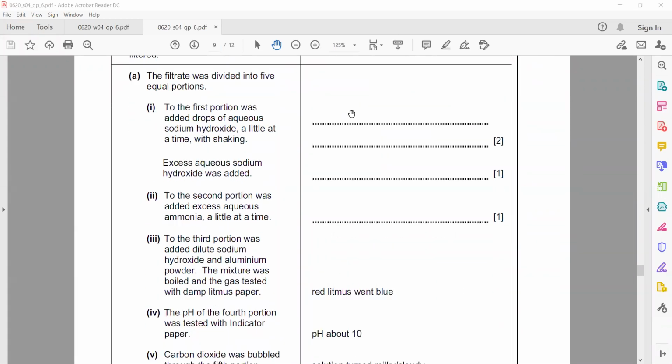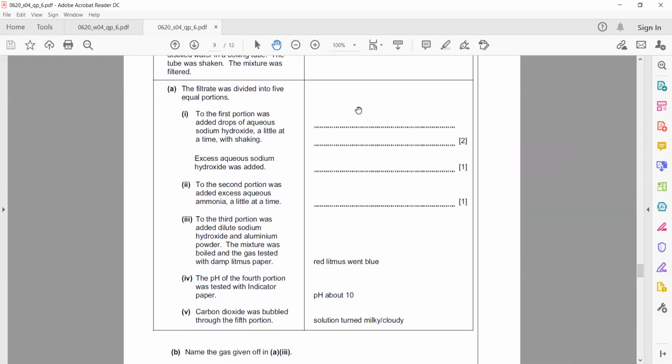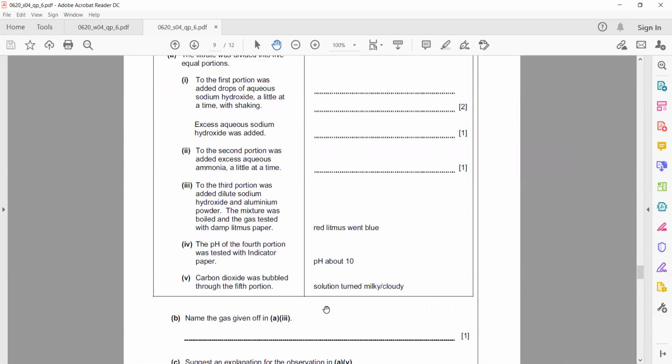The filtrate was divided into 5 equal portions. To the first portion, we add aqueous sodium hydroxide little at a time, meaning a few drops or a small amount. What is the observation? If there's a calcium ion and we add a few drops of sodium hydroxide, it will give a white precipitate.